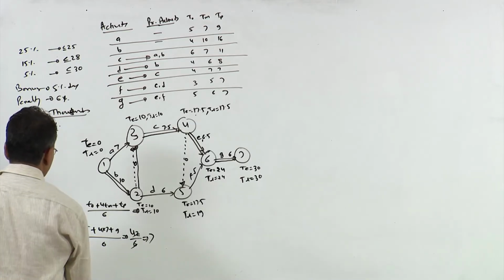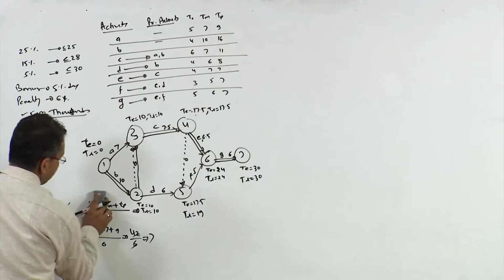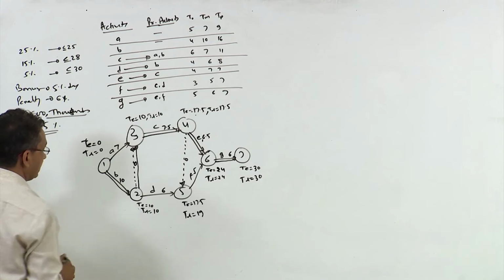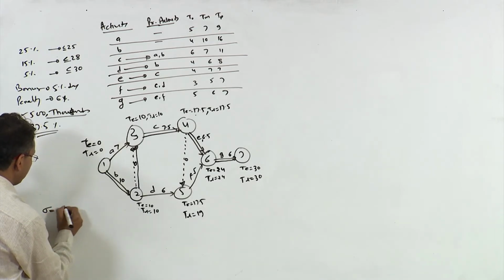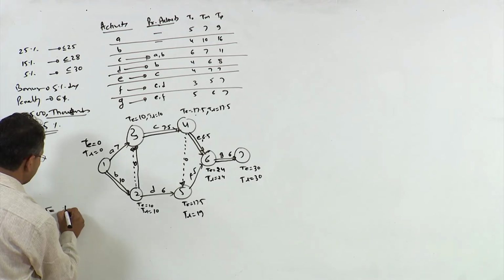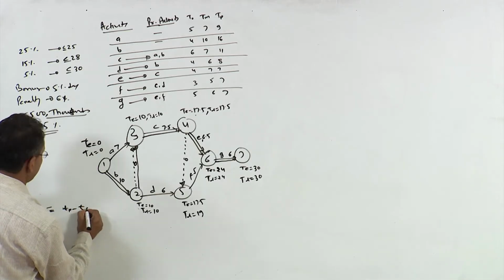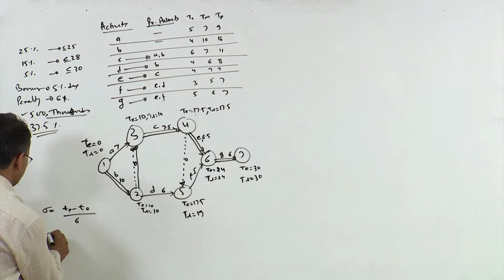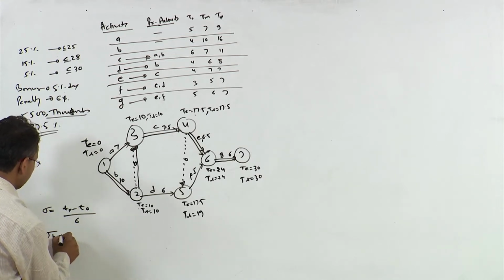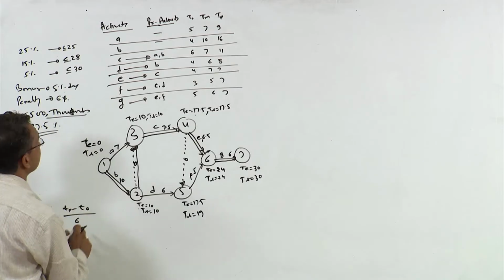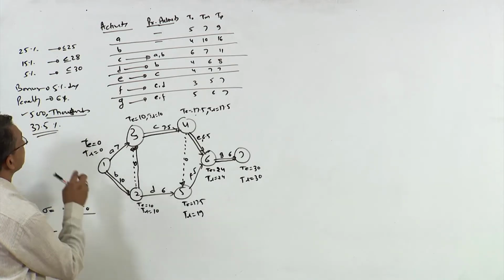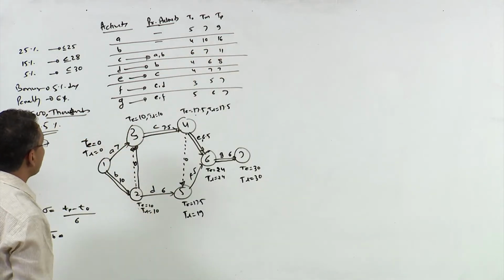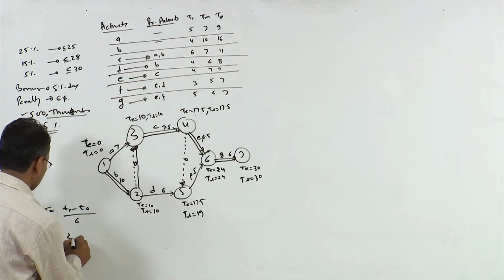Now, let us calculate the standard deviation for all these critical activities. Standard deviation we have already seen: it is TP minus TO divided by 6. So, standard deviation of activity B is TP minus TO, 16 minus 4, 12 by 6, it is 2.